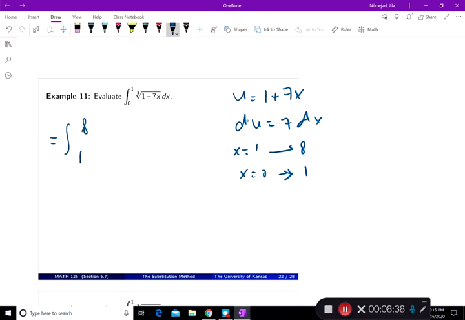And so over here I need to solve for dx. dx is 1 over 7 du.